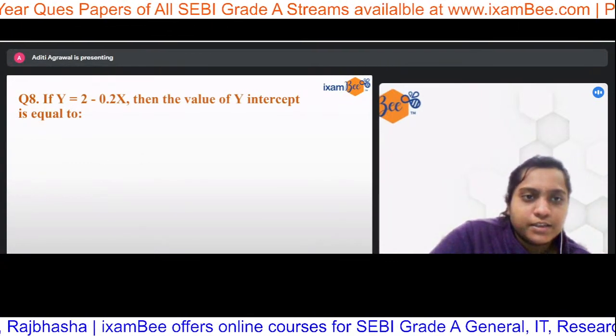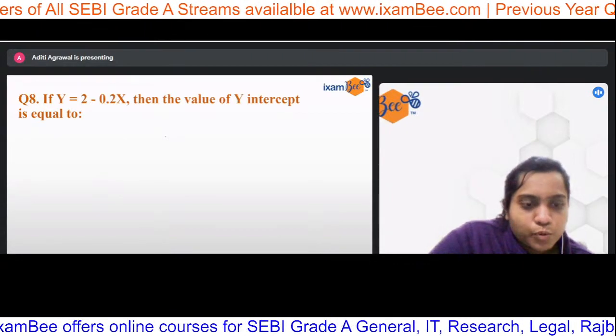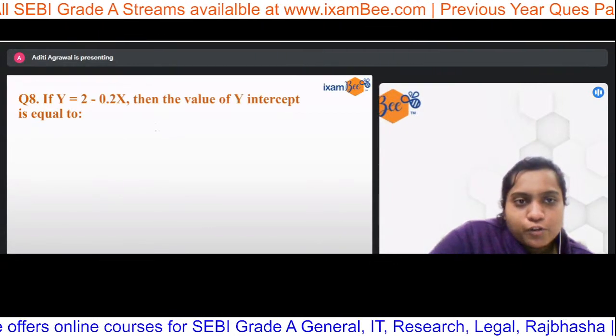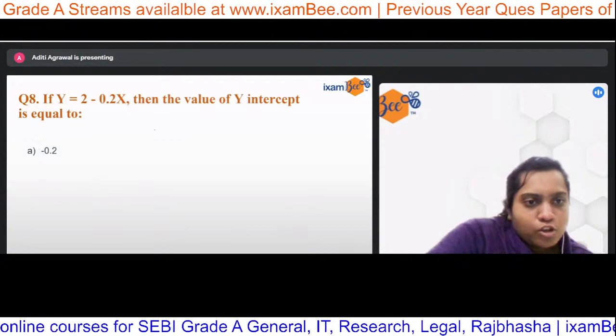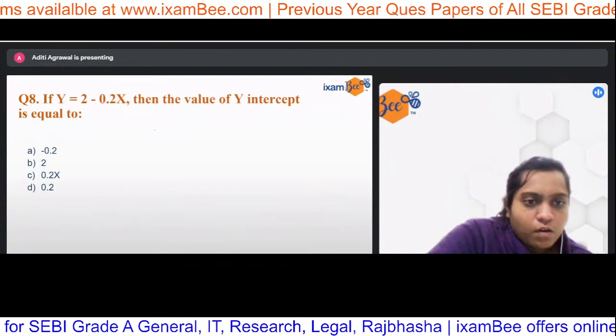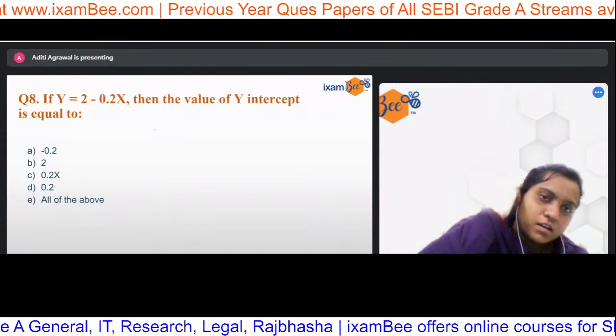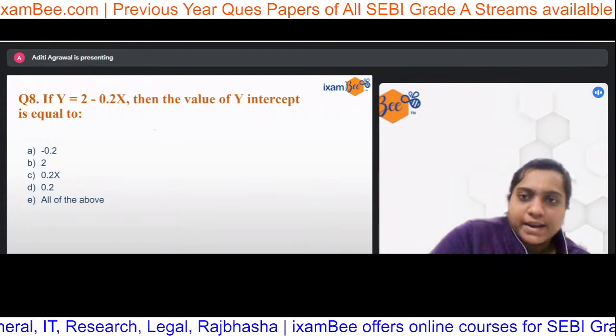It's D, independent. If y is equal to 2 minus 0.2x, then the value of y-intercept is equal to, the options are minus 0.2, 2, 0.2x, or 0.2, or all of the above, right? So what is the y-intercept?